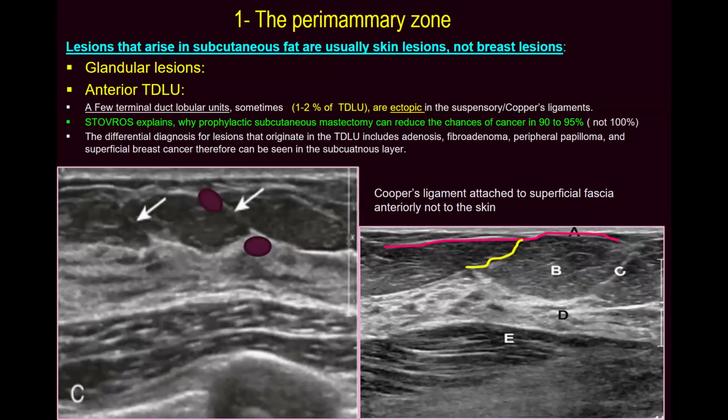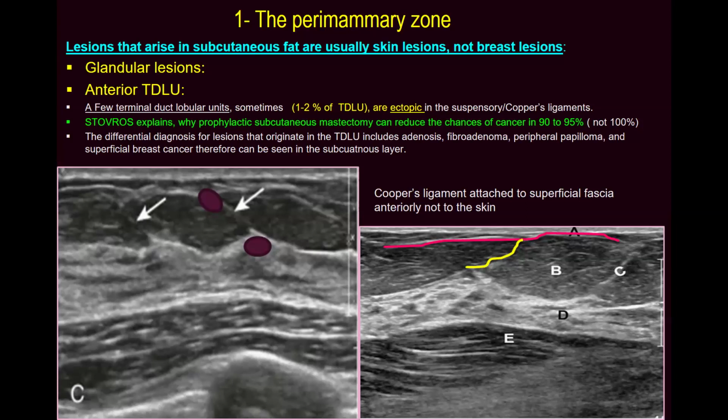And we have ectopic TDLUs. As we mentioned before, we have multiple TDLUs at the base of the Cooper ligament, but we can have an ectopic TDLU within the Cooper ligament far away from its base, as we have seen in the previous illustration.